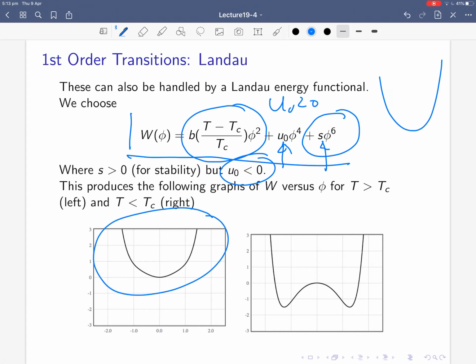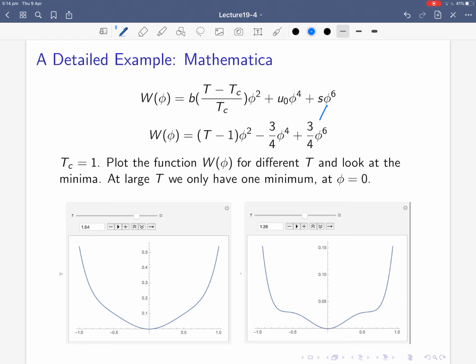For T less than Tc, you get 2 minima, well away from the origin. So we get that sort of scenario. So let's actually do an example plotting it using Mathematica. We'll choose for our values here S to be 3/4, u₀ to be minus 3/4, Tc to be 1, and let's just try and plot things.